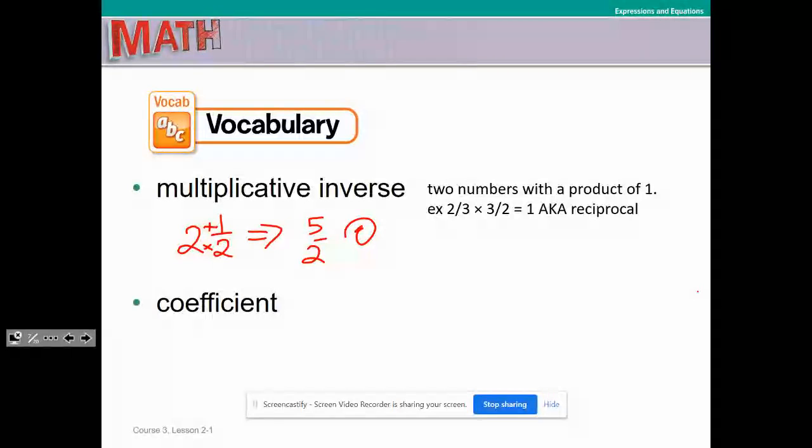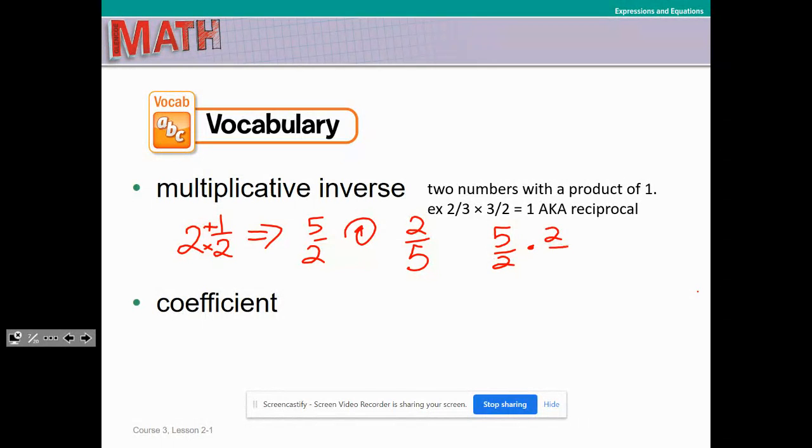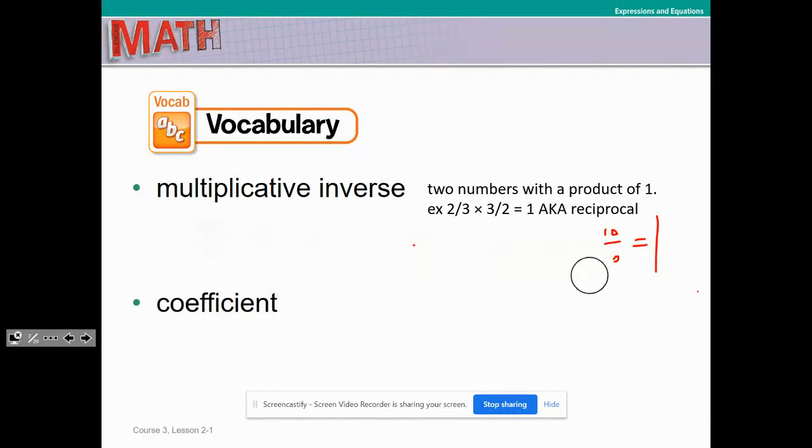Then you flip it and get 2/5. So 5/2 times 2/5 equals 1, because you get 10/10, and that equals 1. So numbers that multiply to get a product of 1 are called reciprocals, or more formally, multiplicative inverses.